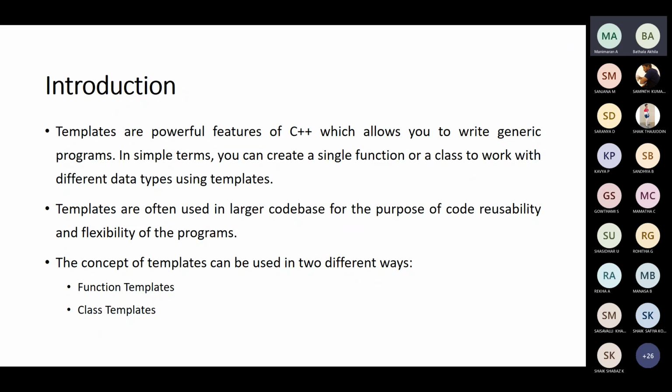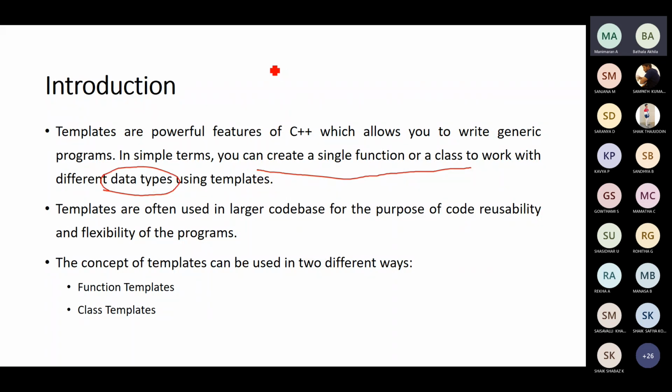So this is the introduction about this template concept. So obviously it is very powerful feature of C++, which allows us to write generic programs. What is generic program? In simple word, see this one. We can create a single function or single class to work with different data types using this template.